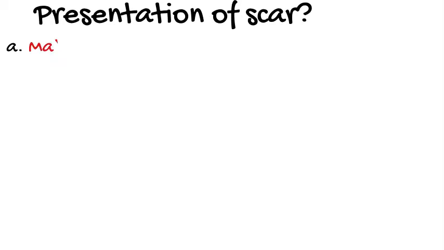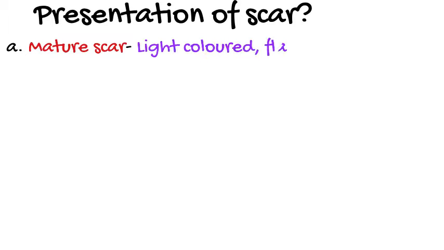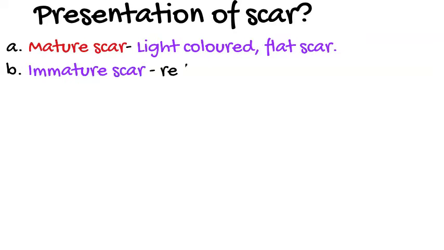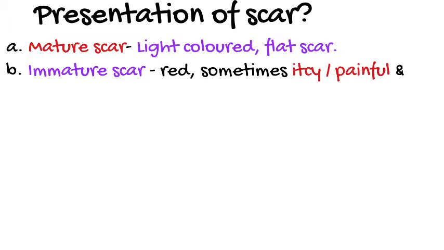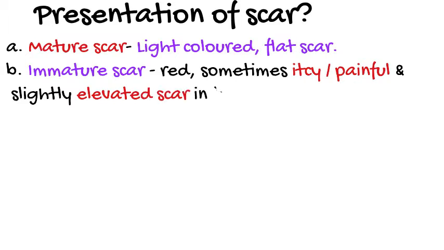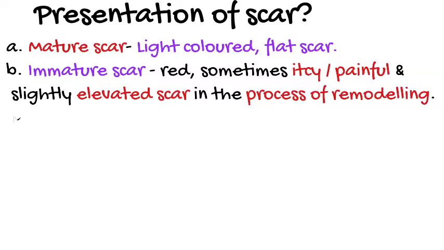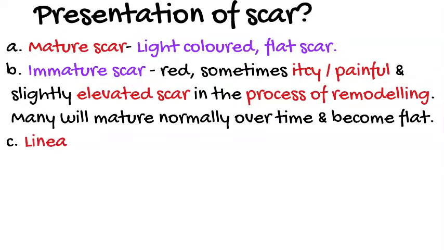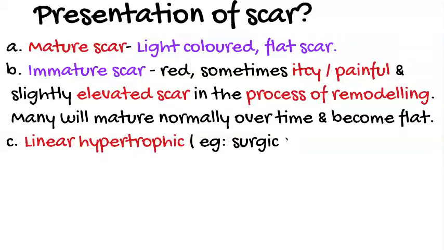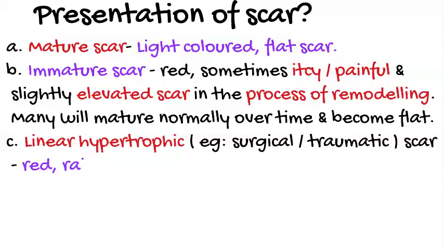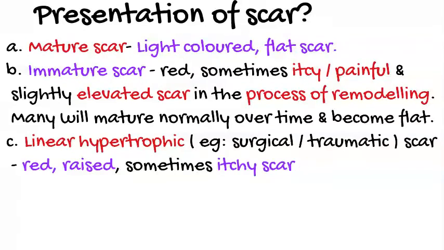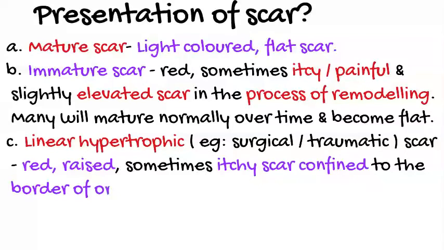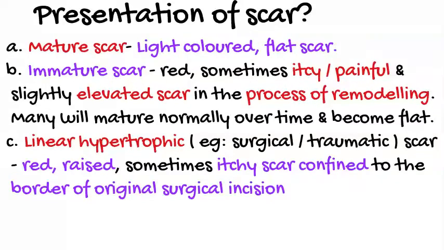What are the presentations of scar? A, mature scar: a light-colored flat scar. B, immature scar: presented as red, sometimes itchy or painful, and slightly elevated scar in the process of remodeling. Many will mature normally over time and become flat.